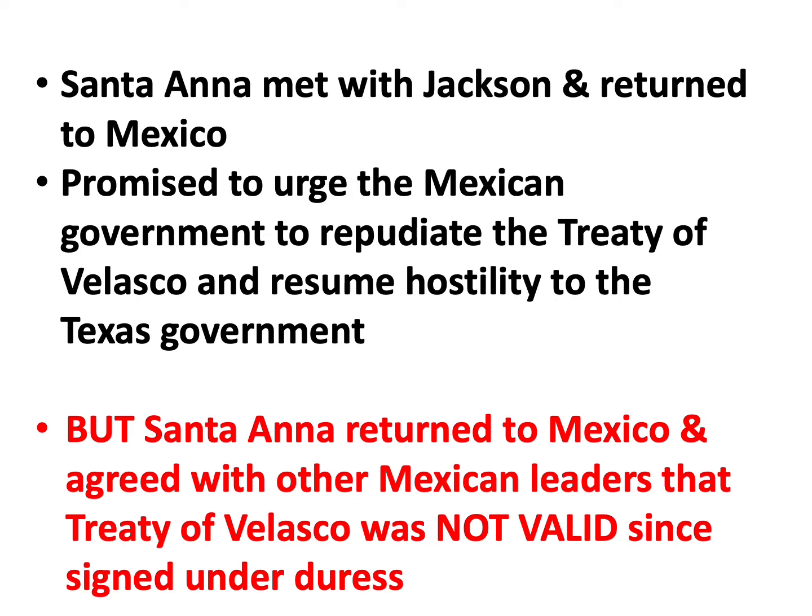As I mentioned before, he promised to urge the Mexican government to accept the Treaty of Velasco. And what he did, though, is he went and had them repudiate or renounce the Treaty of Velasco, and they resumed their hostility.